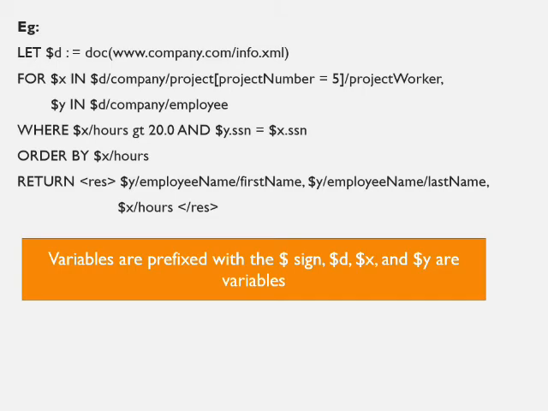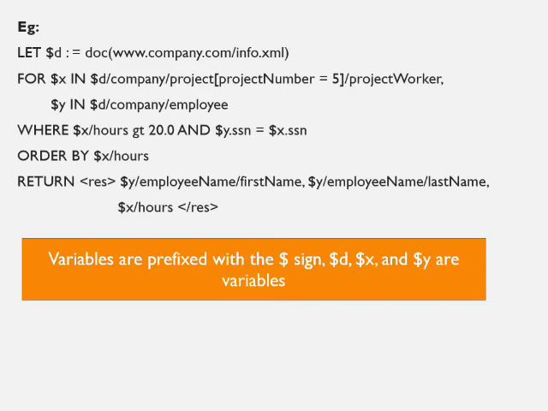Where is an additional condition for selection of the items. It selects hours greater than 20, combined with the join operation of x and y. Order by specifies that the result elements will be ordered by the value of hours per week in ascending order. Return specifies which elements or attributes should be retrieved from the items that satisfy the condition.